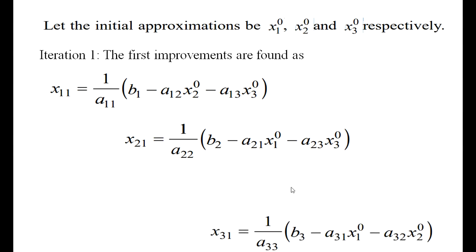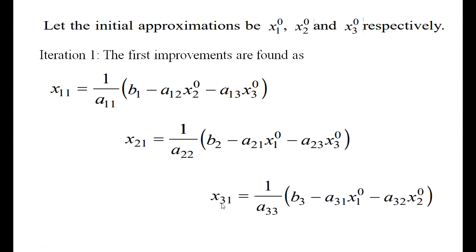Similarly, we can find the value of x3(1) as 1 upon a33 in bracket b3 minus a31 x1(0) minus a32 x2(0). Here we have just separated the values of x1(1), x2(1) and x3(1), and we have put in the respective values of the initial approximations.